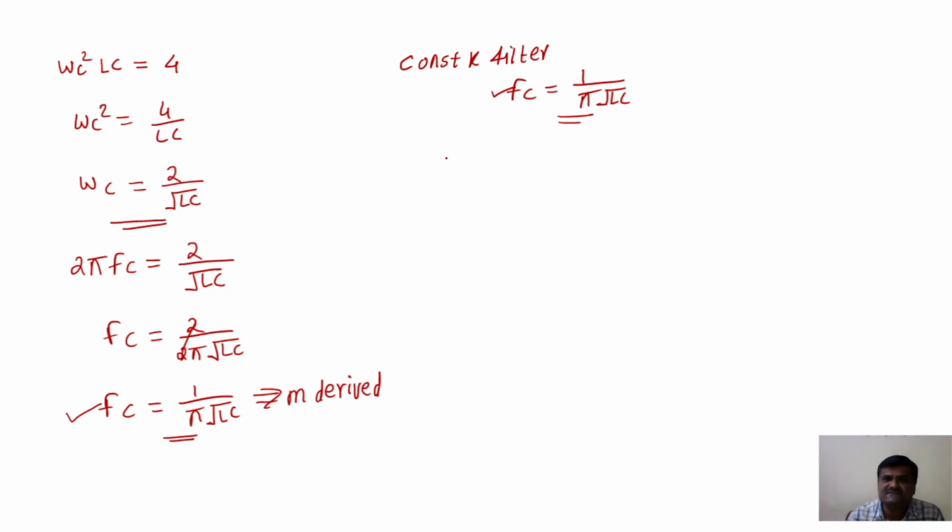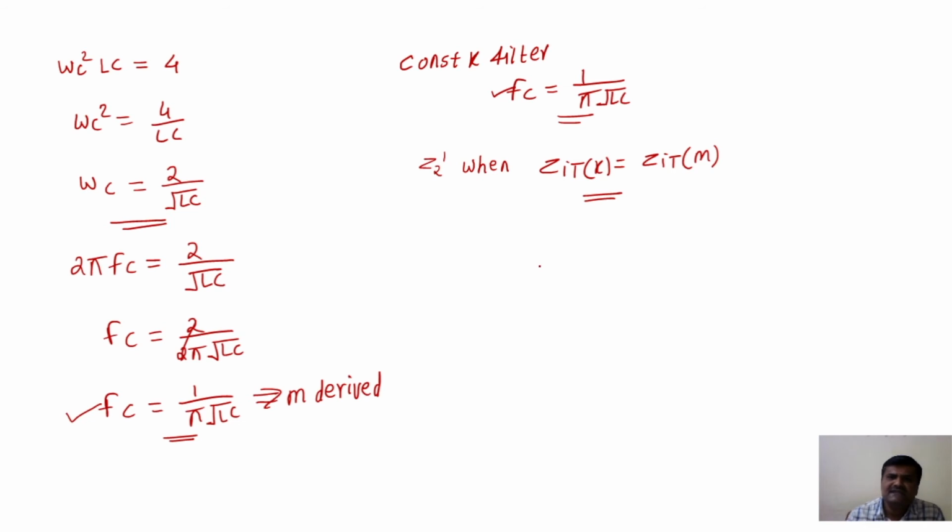At the time of the modification of a filter, we calculated Z2 dash only when ZIT of constant K filter is the same as ZIT of m derived filter.